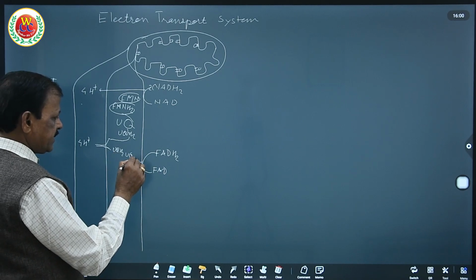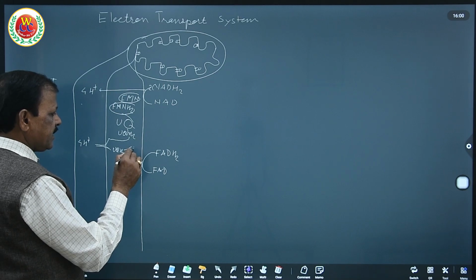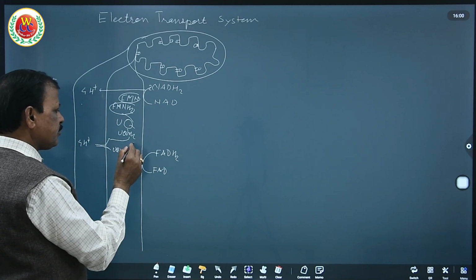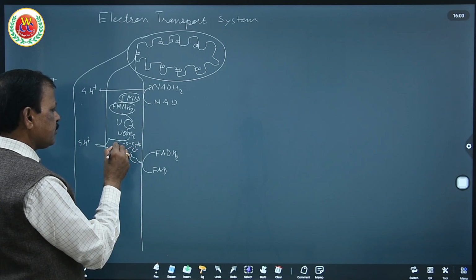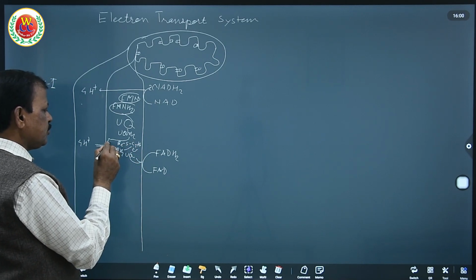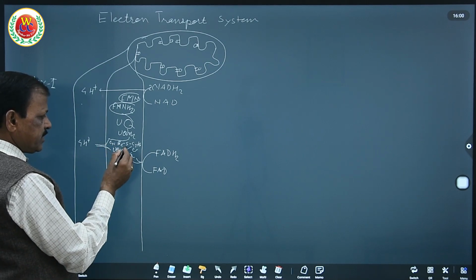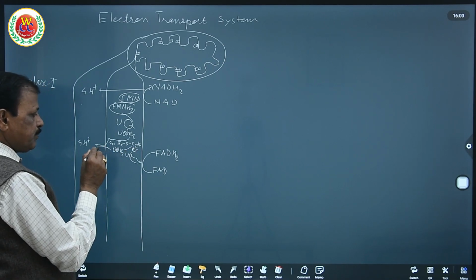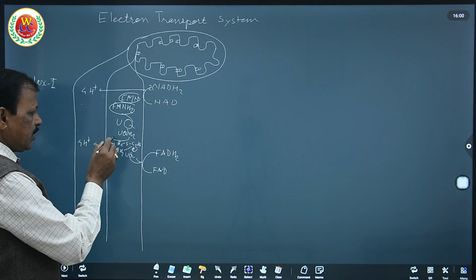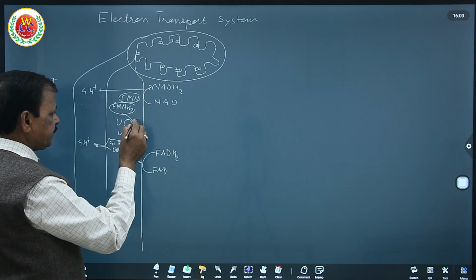But this UQH2 further releases electrons, and these released electrons are transported to cytochrome B, to iron-sulfur, and iron-sulfur to cytochrome C. Now, from this UQH2, one proton is released outside, along with the proton from complex 1.